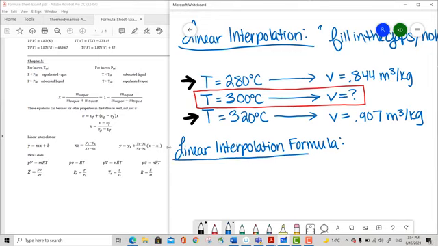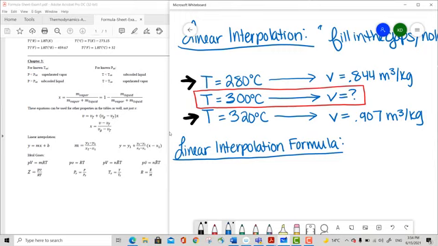The reason we use this one is because we can first of all use the data that we have to get our y, which is this v. Also, when you set it up like this, you always set it up with your lower limit at the top, what you're trying to find in the middle, and your upper limit at the bottom.